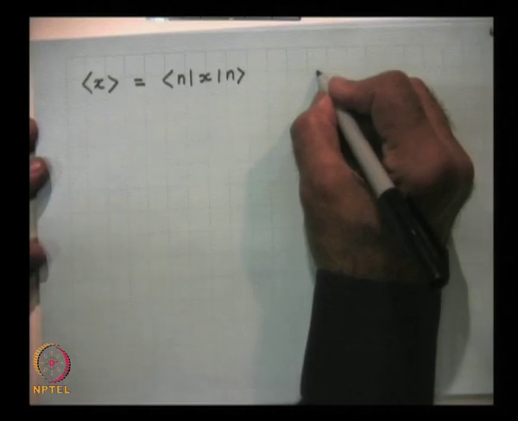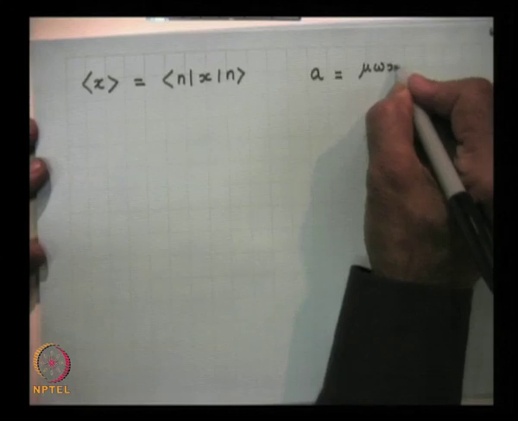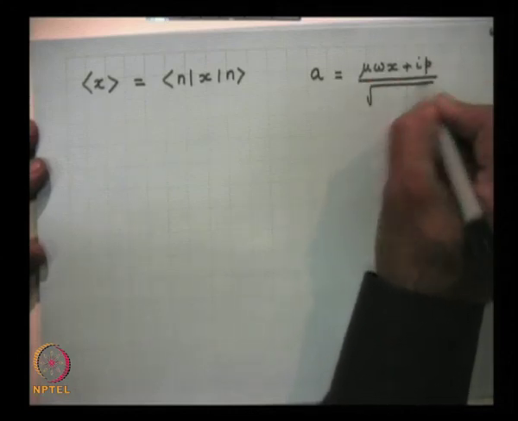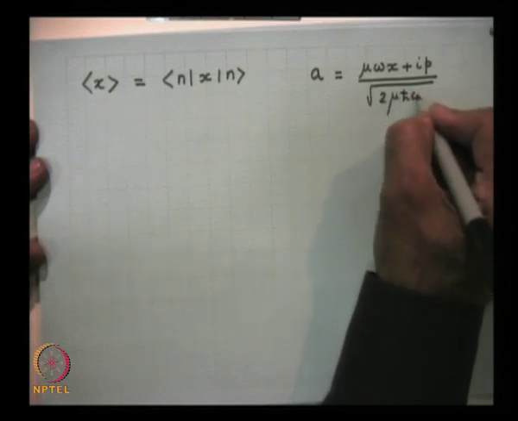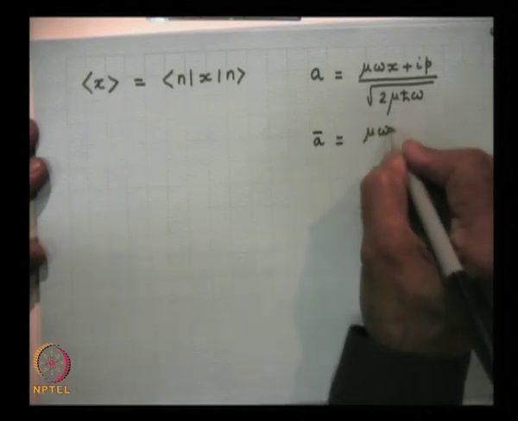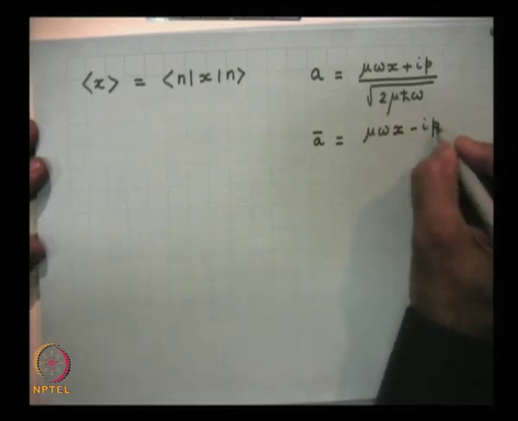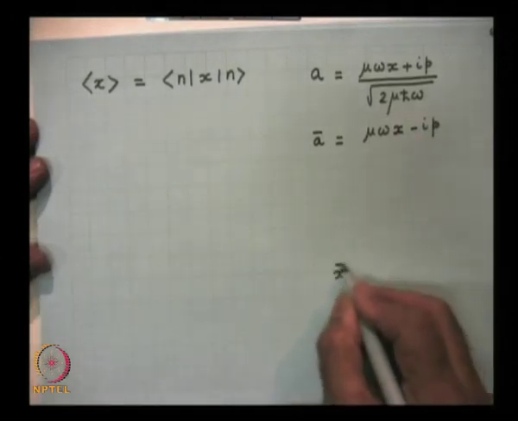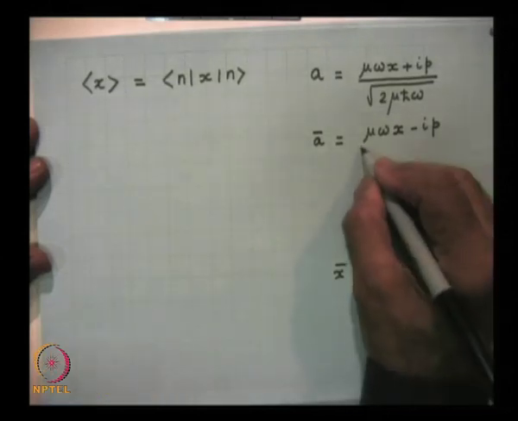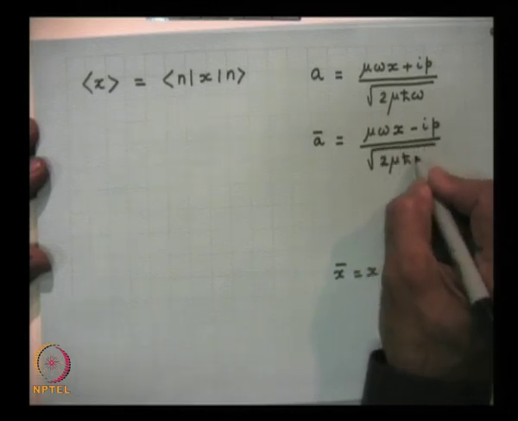Now, you may recall that the operator a was equal to mu omega x plus i p divided by under root of 2 mu h cross omega, and then a bar was equal to mu omega x minus i p, because x and p are observables. So, x bar is equal to x and p bar is equal to p, divided by under root of 2 mu h cross omega.